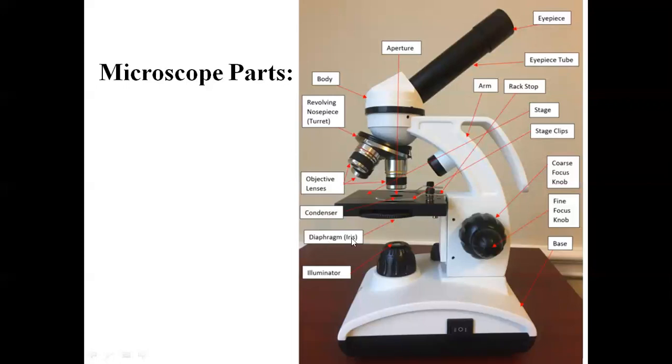The diaphragm is limiting the amount of light that is illuminated by the halogen lamp. The condenser is condensing the light into one particular place, and that amount of light comes out of this small hole that is called your aperture. Fine. So this is clear about your parts of the microscope.